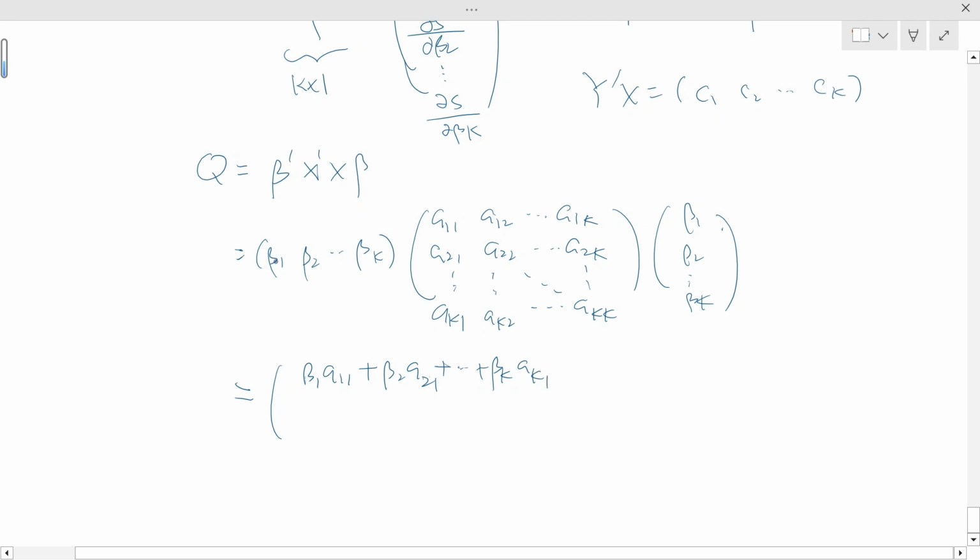So this row times this column, first element. Second element is this row times the second column. So it's beta 1 A12 plus beta 2 A22 plus beta k AK2, and so on and so forth.